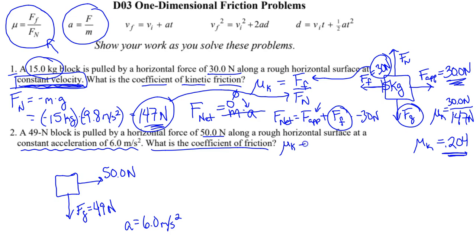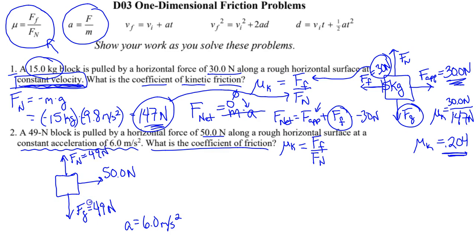is going to be equal to, again, our force of friction divided by the normal force. It's being pulled horizontally, which means that the force of gravity must be equal and opposite to the normal force. So our normal force is going to also be 49 newtons, just in the up direction.